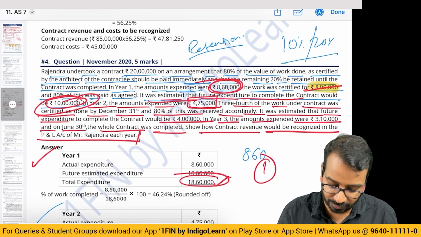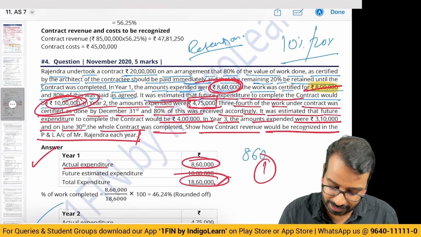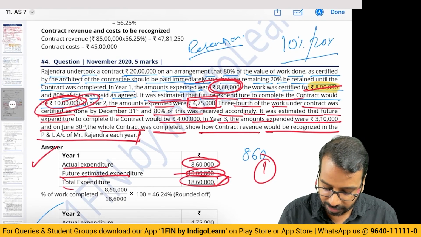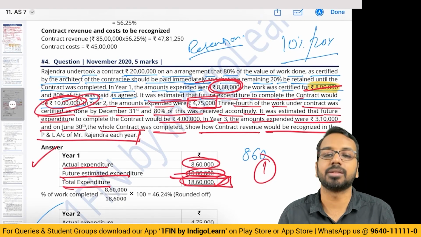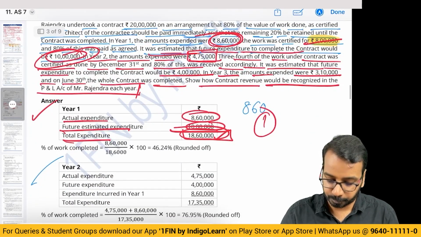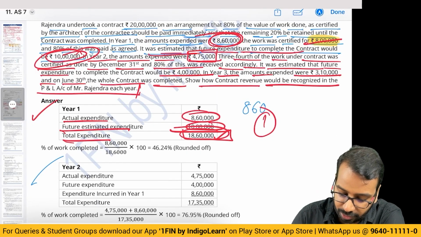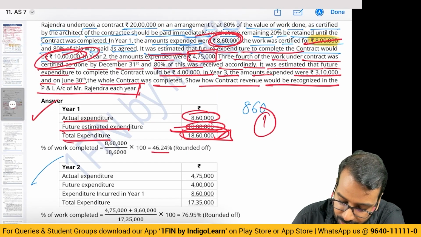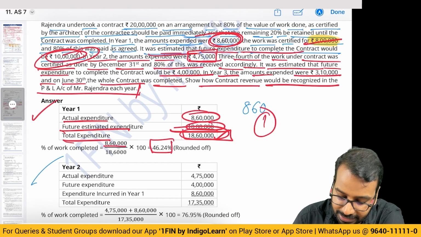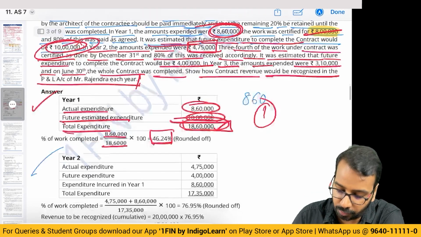Now, first year is very simple. Actual expenditure 860, future expenditure 10 lakhs, total expenditure 18,60,000. So, how much revenue should be recognized? Percentage completion 46.24%. That is 860 by 1860, 46.24%.